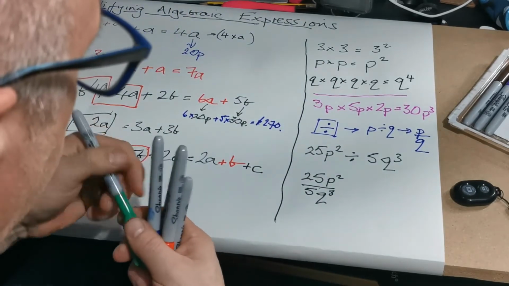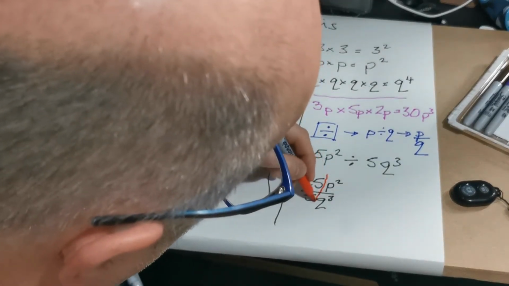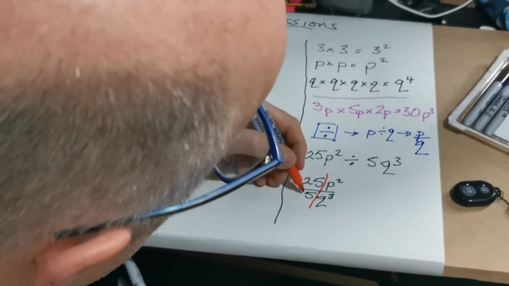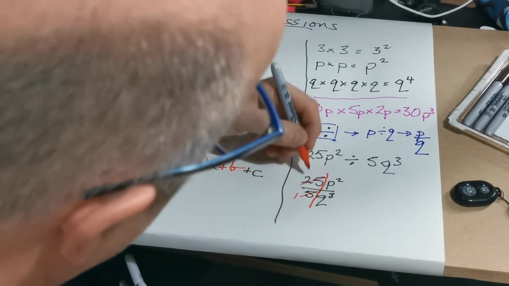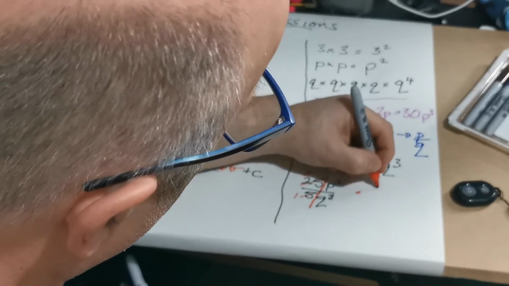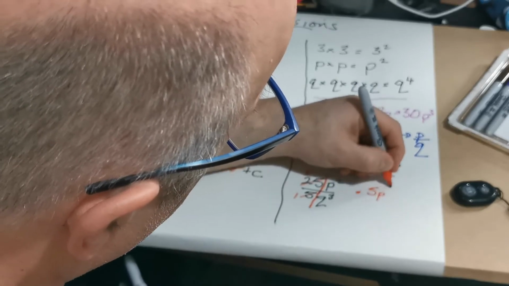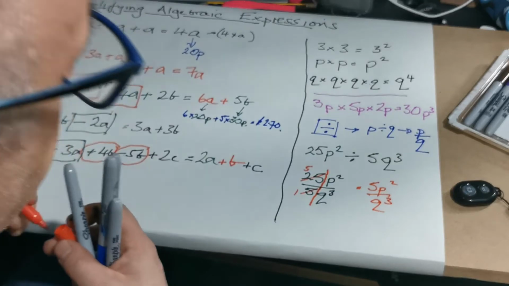But then if you just treat the number bit as a fraction, you can see that 25 divided by 5 is 5, almost like cancelling it down. 5 goes into there once, into there 5 times. So we'd have 5p squared over q cubed.